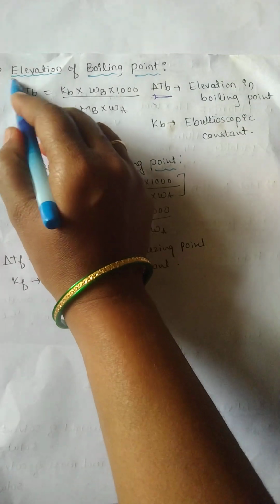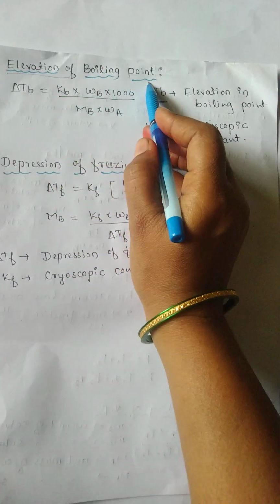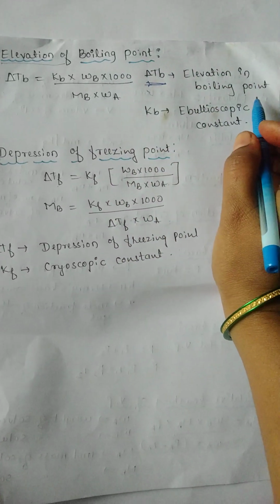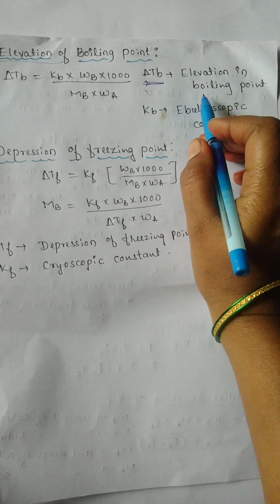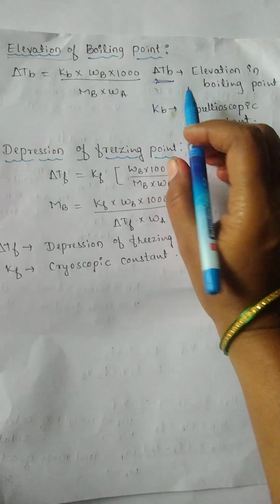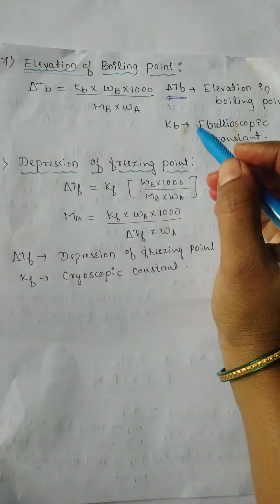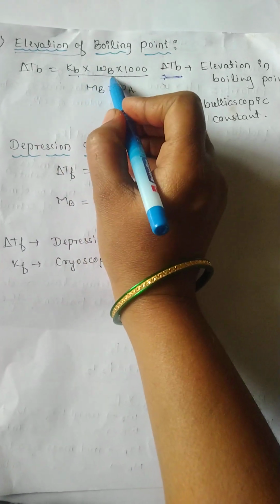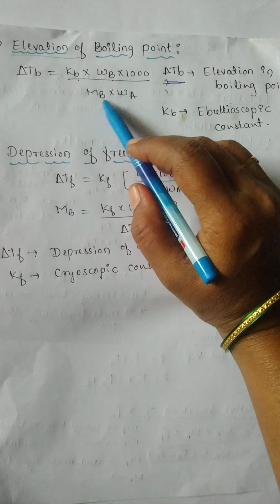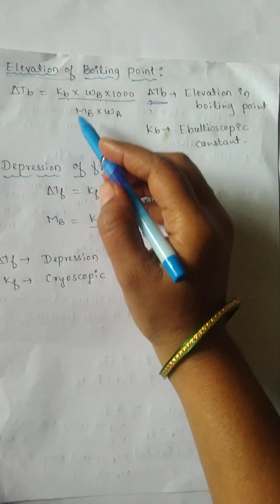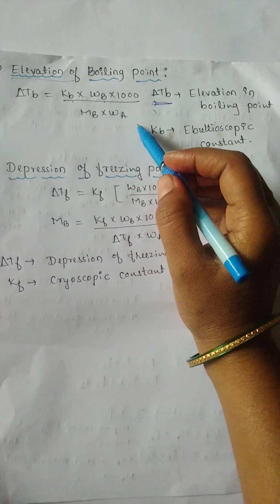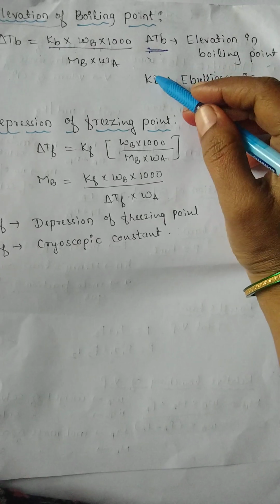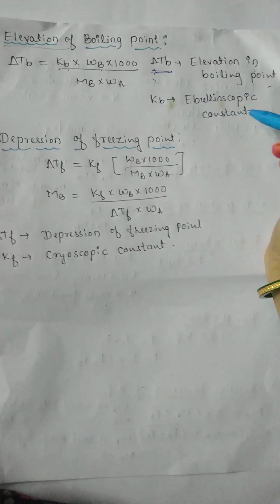Elevation means an increase of boiling point when we add solute to the solvent; the difference between the boiling temperatures of solvent and the solution is called elevation of boiling point. Here delta TB is equal to KB into WB into 1000 divided by MB into WA. Here already we know WB, MB and WA. Here delta TB is the elevation in boiling point and KB is the ebullioscopic constant.